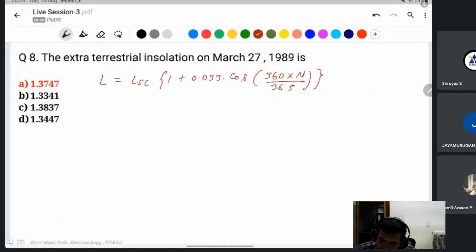N is the number of the day of the year. LSC is the constant value, the solar constant, 1.37 kilowatt per meter square.